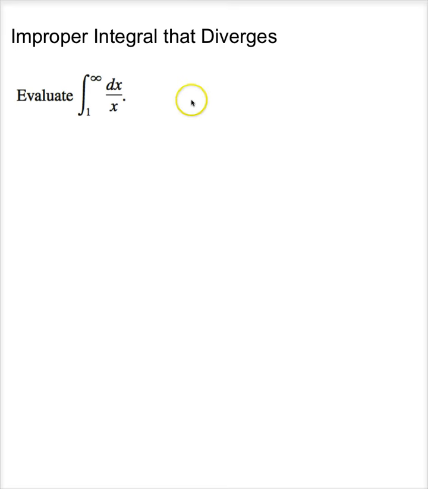What if I want the integral from 1 to infinity of dx over x? Well, I know I can't just do this, so I'm going to write this as the limit as b approaches infinity of the integral from 1 to b of dx over x.